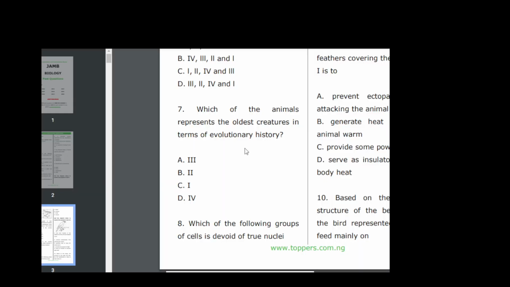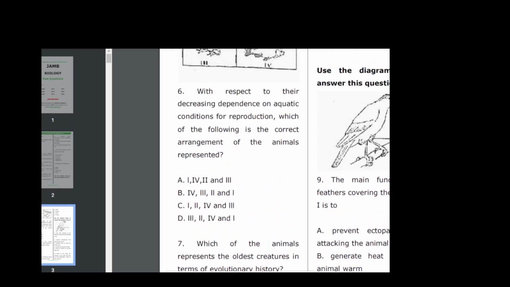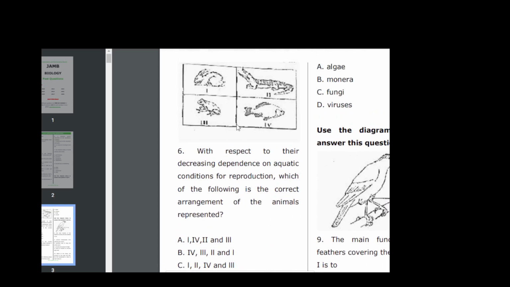So the question again says, which of the animals represents the oldest creature in terms of evolutionary history? Now, the one that experiences the oldest form of evolution is the Pisces, because the Pisces have gills.